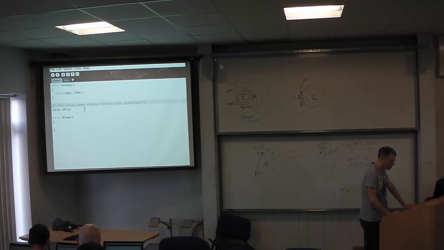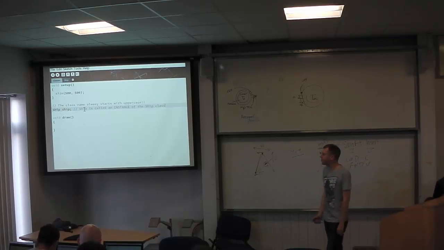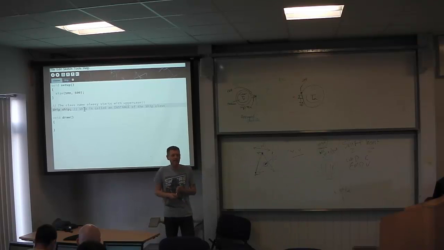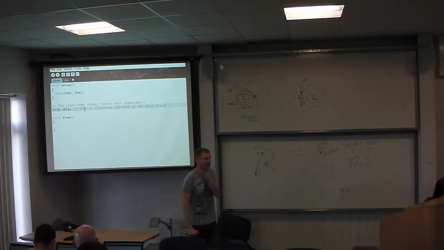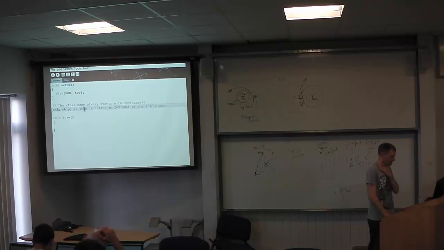So the class name always starts with an uppercase. The instance, when I make ship lowercase, is called an instance of the Ship class. You'll often hear programming books and YouTube videos and Khan Academy talking about instances of classes. Ship is an instance of the Ship class. So little lowercase ship is an instance of Ship with an uppercase.